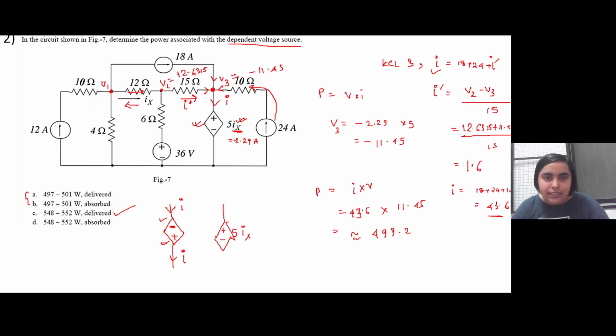That means the voltage will be minus 5 into 2.29. If the power is positive, it is absorbed. If it is negative, it means it is delivering. That aside, if you simply look at the notation, the direction of current also, you can figure it out in the same way. Okay, ma'am.